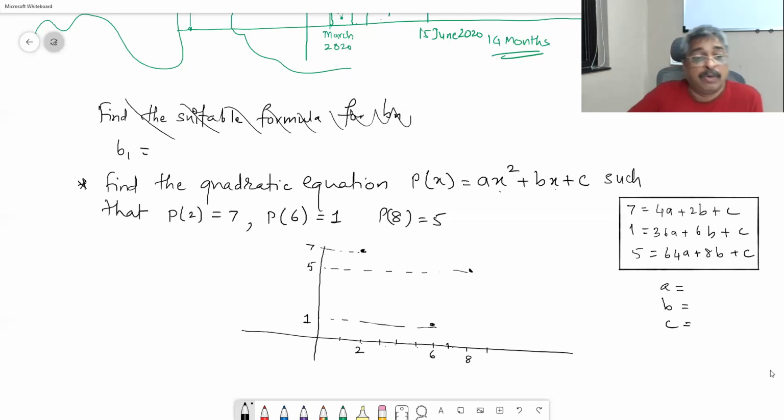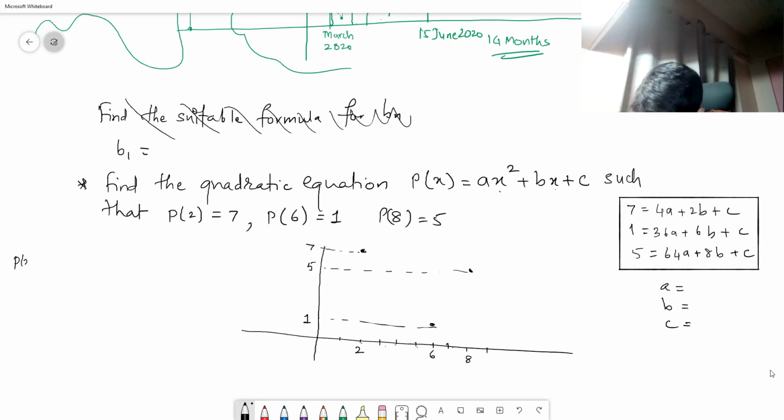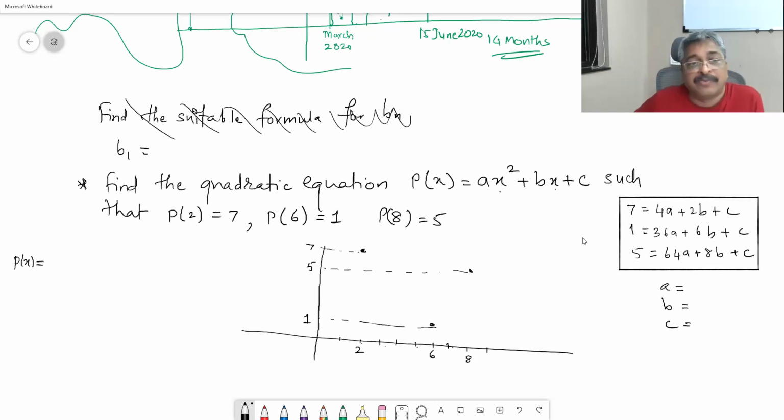Using Lagrange's method, let us do it. P of x is equal to, now observe this very carefully and then we will simplify also. If I put x is equal to 2, I should get 7. Okay.